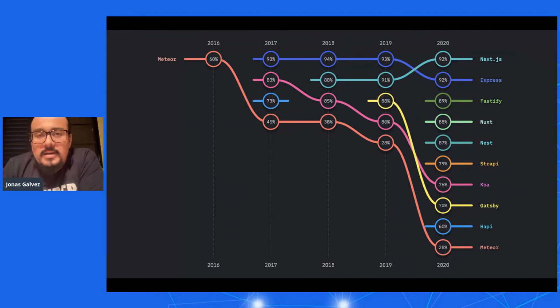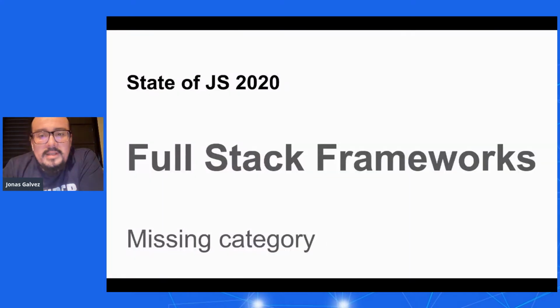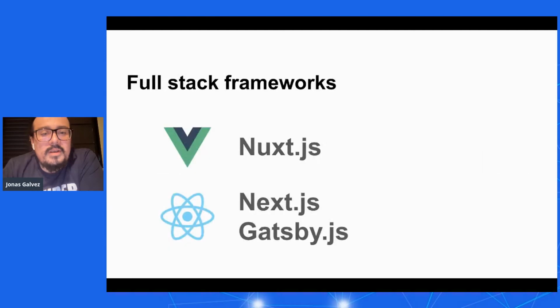But the thing about the State of JavaScript 2020 is that I think it's missing a category. It's failing to identify which ones are actually full stack frameworks. In that list, we can identify the full stack frameworks. The obvious candidates are Nuxt, Next and Gatsby.